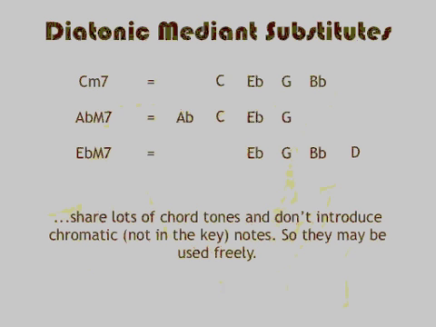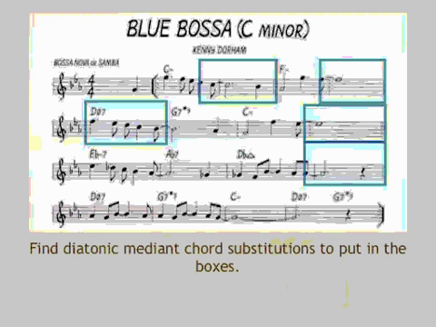So if we're using a C minor 7th and we want to find the chords that are closely related to that as diatonic mediant substitutes, we go down a third to A flat, C, E flat, G, or we go up a third to E flat, G, B flat, D. And we can see that both of these chords share three common tones with our original chord, and the tone that isn't common is related by one step to the other note in the original chord. So these are very similar.